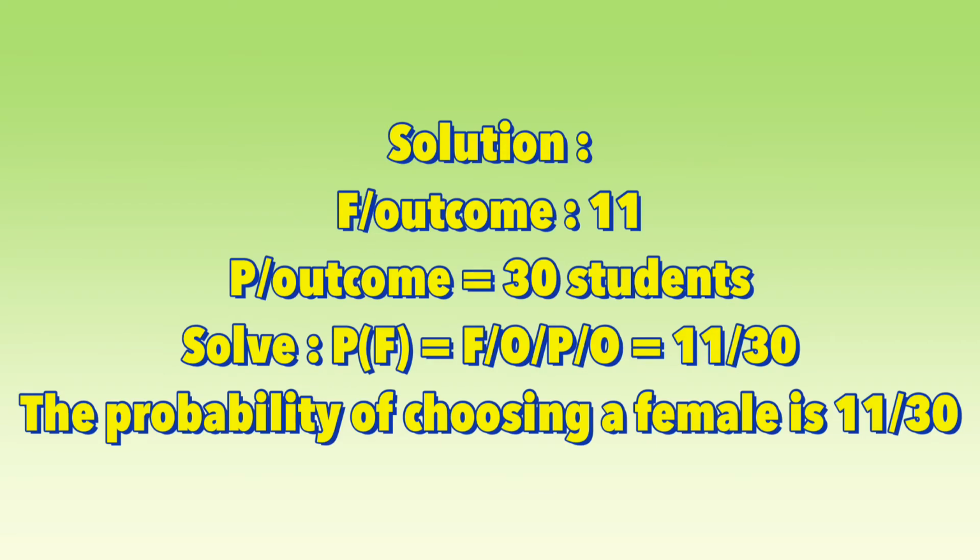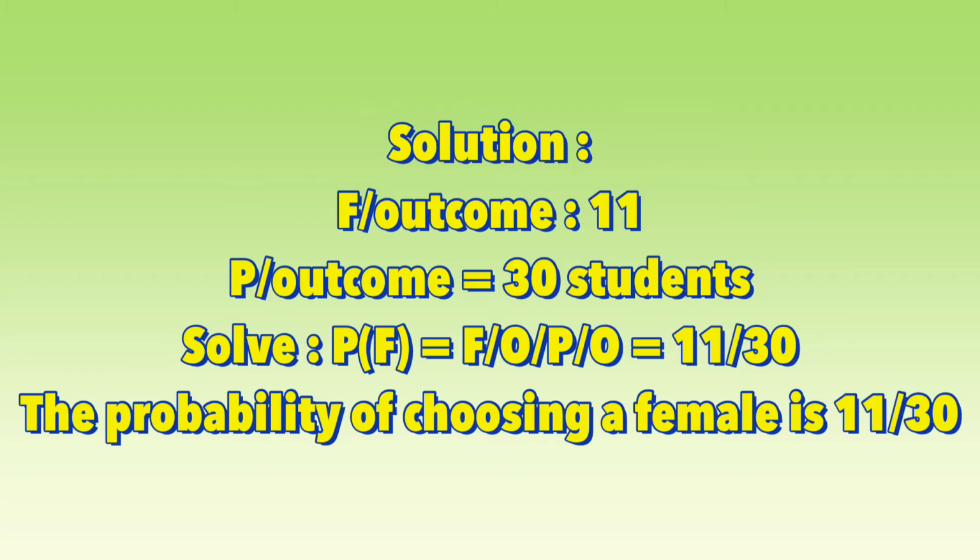In our solution, when solving a probability, we first determine the number of possible outcomes. This is the totality of the entire students. The students given are 30 in grade 11, so 30 is now our possible outcome.